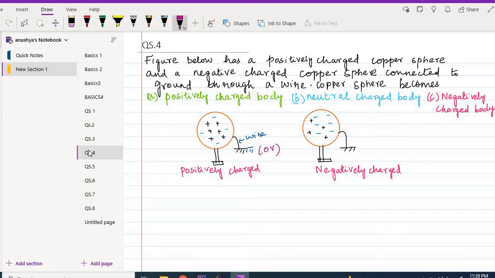Earth has a vast amount of charged particles. You always have to balance the number of positive charges and negative charges.